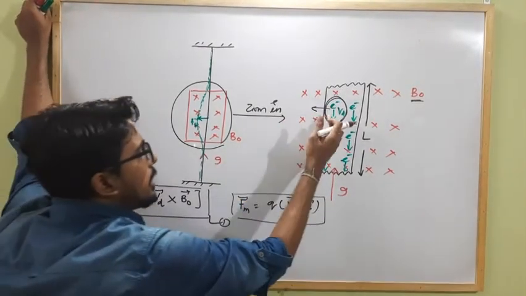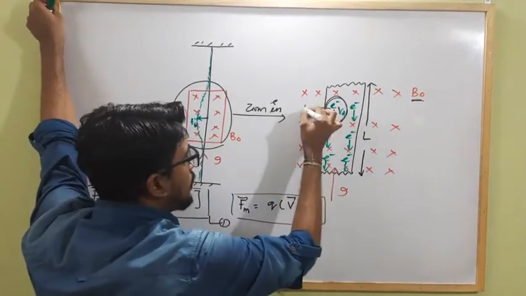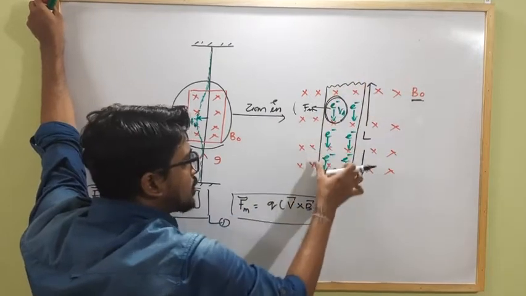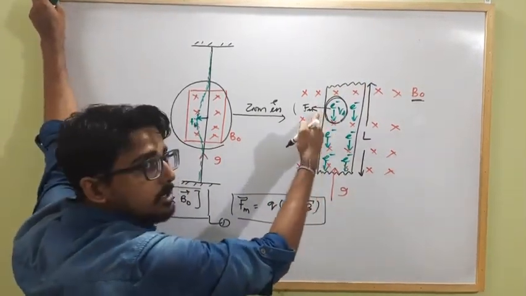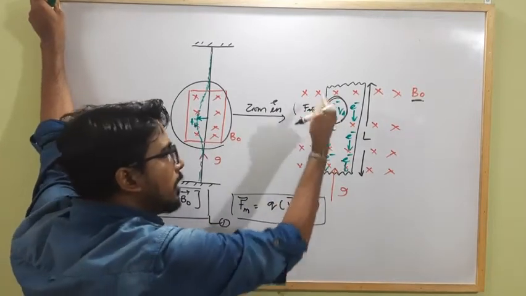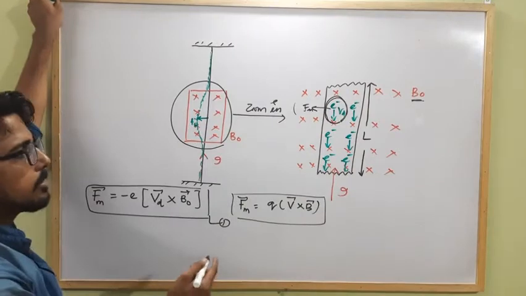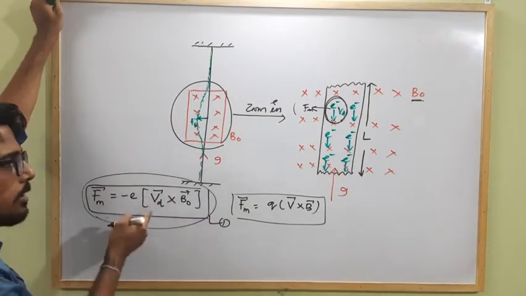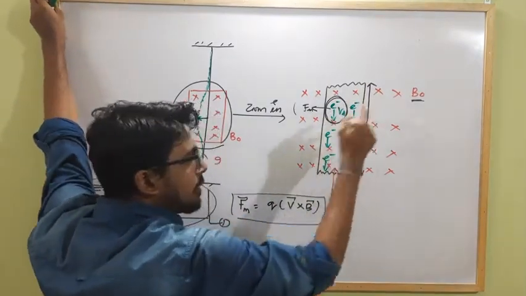That's why the current carrying conductor gets bent. So this much is the force Fm due to a single electron, but there are a large number of electrons which are experiencing the same amount of force along the same direction. So the net force experienced by the length L of the current carrying conductor will be the force experienced by a single electron into the total number of free electrons present there.